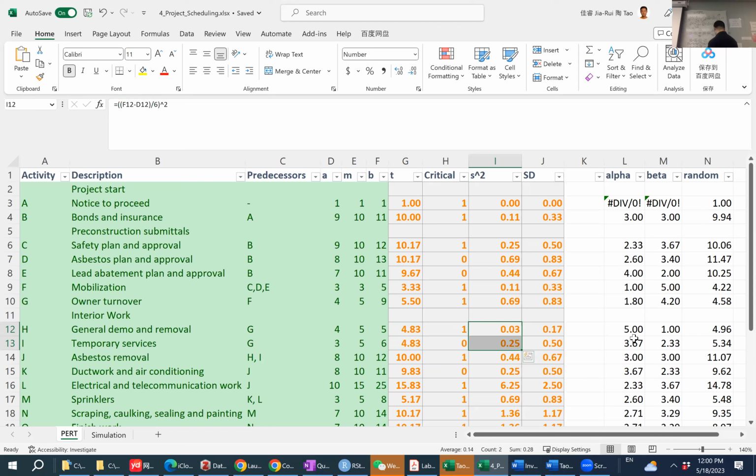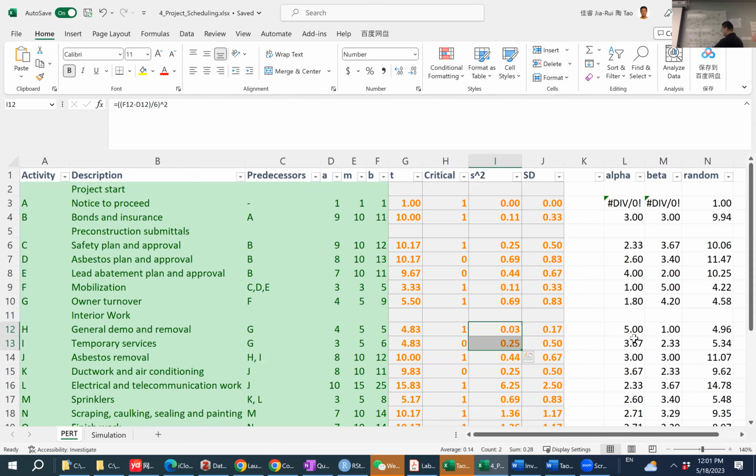So here I'm just going to make it simpler. I calculate variance for J, and there's also L, M, N, O, and P. In the last few activities, there are no choices we need to make.